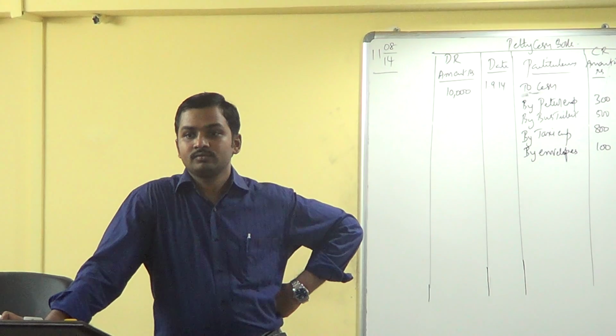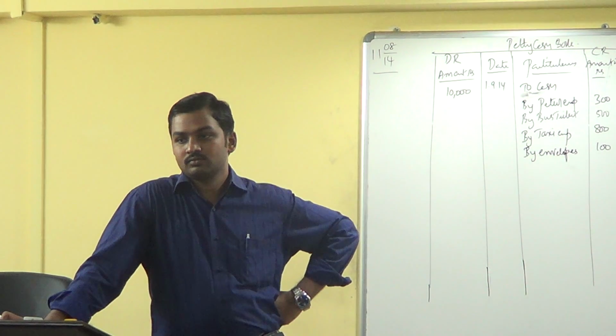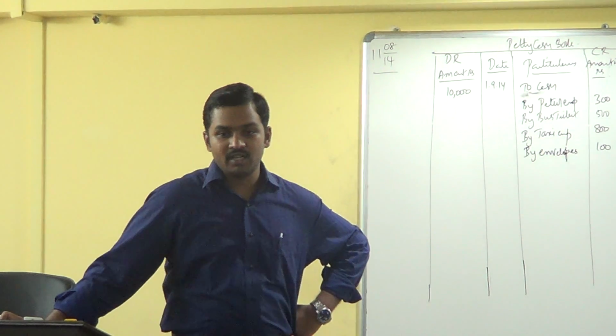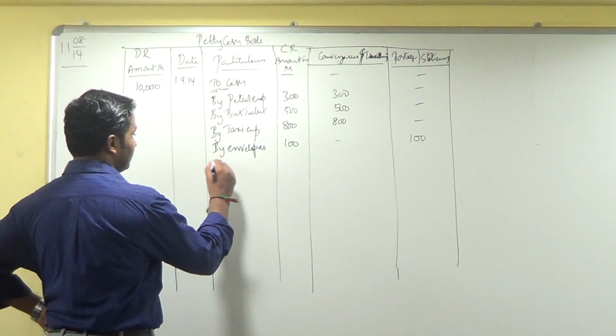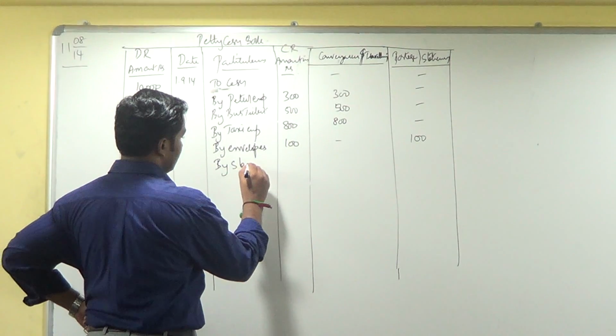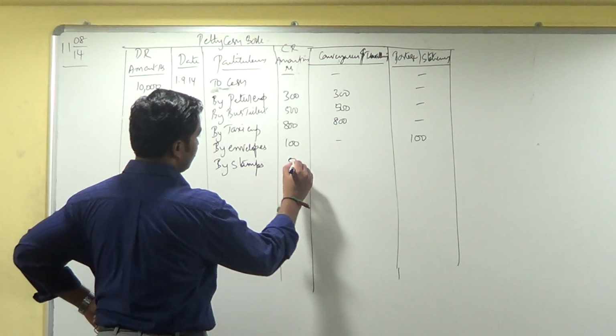Next transaction. Stamps purchased. Rupees how much? 50 rupees. Right here, buy stamps. How much? 50 rupees.